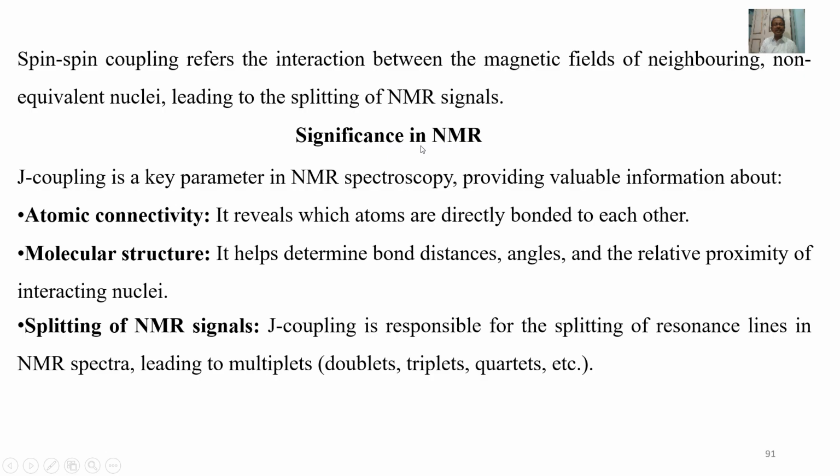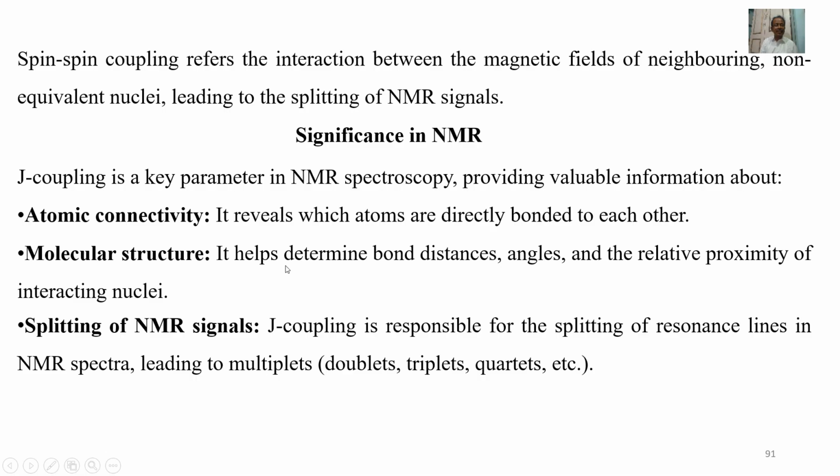Significance in NMR. J coupling is a key parameter in NMR spectroscopy, providing valuable information about: 1. Atomic connectivity. It reveals which atoms are directly bonded to each other. 2. Molecular structure.